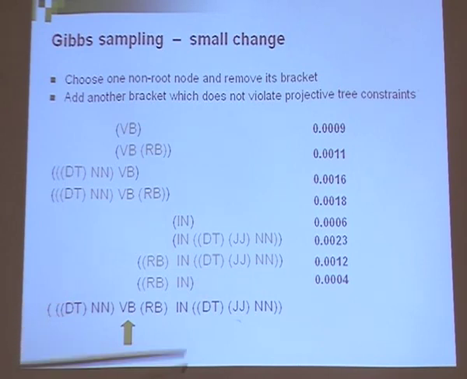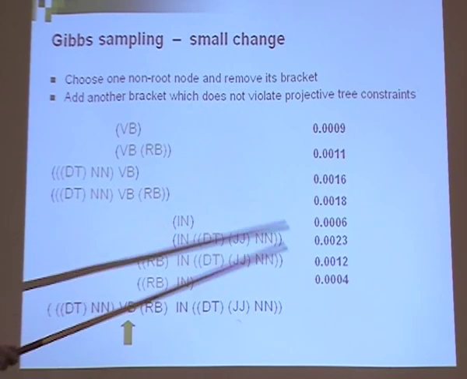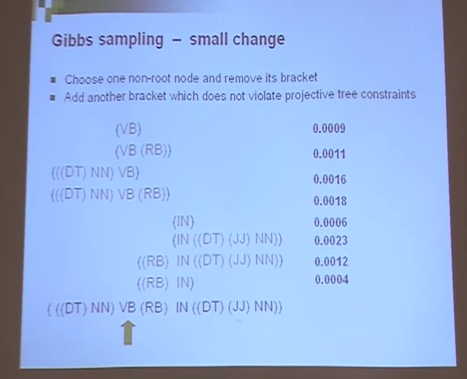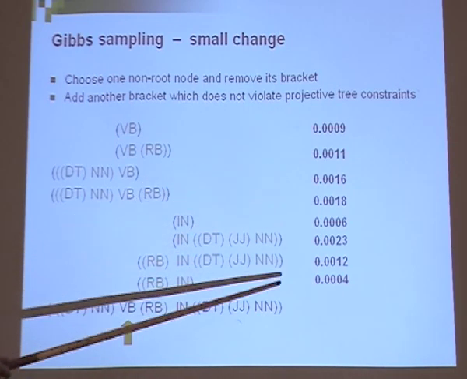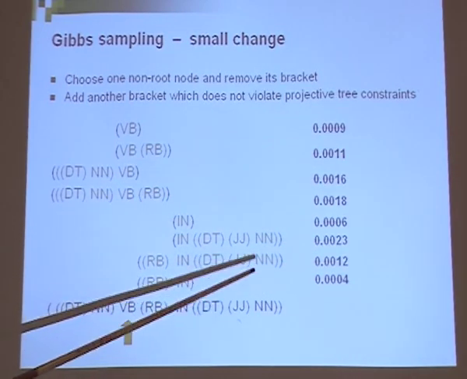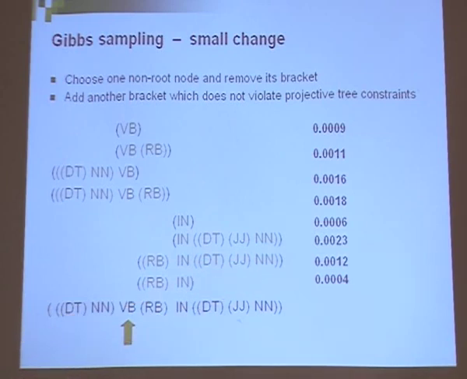And we can compute the probability of the whole treebank for each possibility. These numbers are only example numbers. In fact, the numbers are very, very low because the treebank is very large. And now we choose one of these possibilities by weighted coin flip, which is weighted by these numbers, normalized of course. If you normalize these numbers and toss a weighted octahedron, we choose one of the brackets.